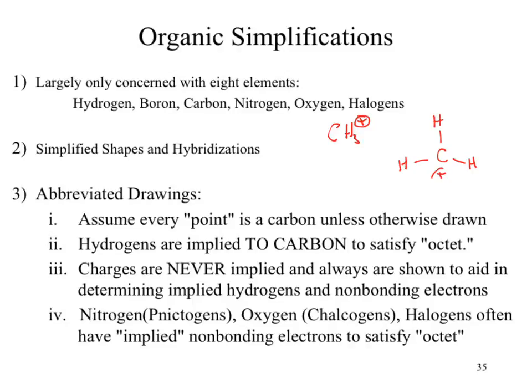No, I need to show the positive charge. Okay. How about this as a possible answer? Does that not count as a Lewis structure for CH3 positive? Why not? I'm implying a hydrogen. Because there's a charge there, you can't. I can imply hydrogens whenever I want. Except when you've already drawn hydrogens on there.